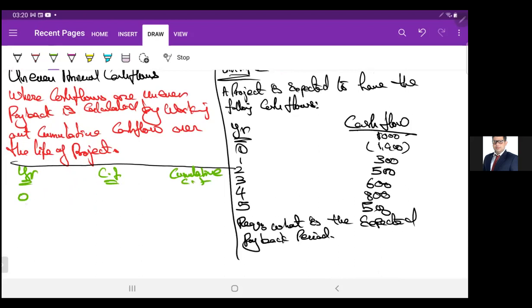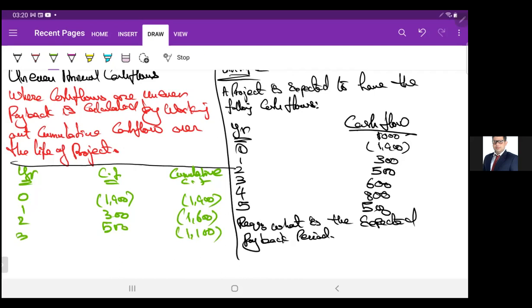Year zero, 1900. It's negative 1900. Year one we will get positive 300. Now we will be at negative 1600. In year two we'll get 500. Now we will be at negative 1100.